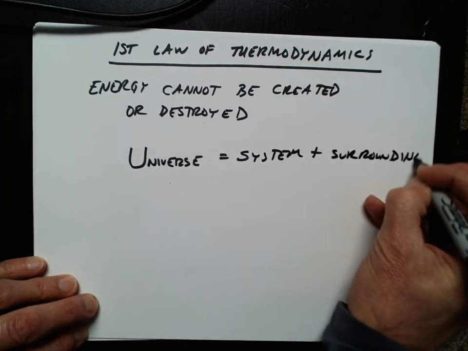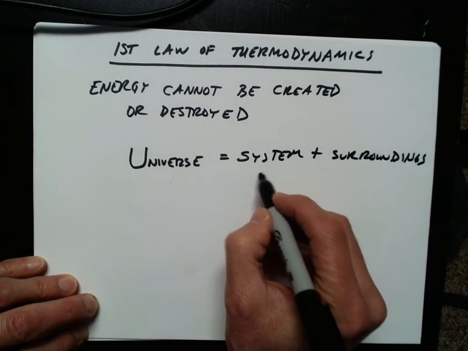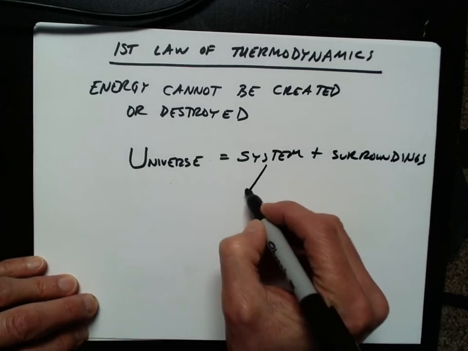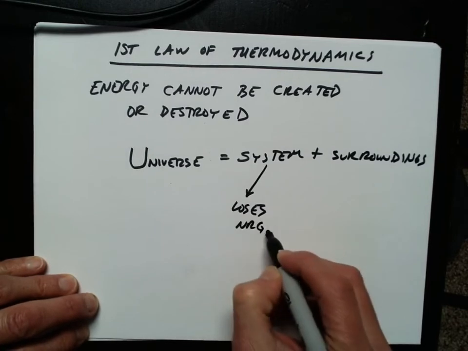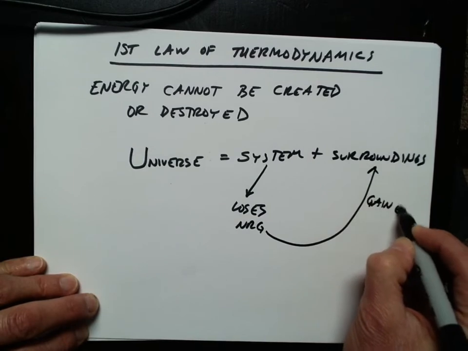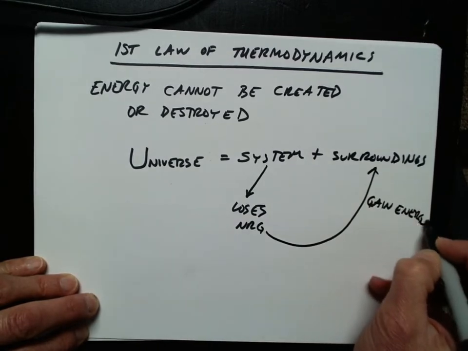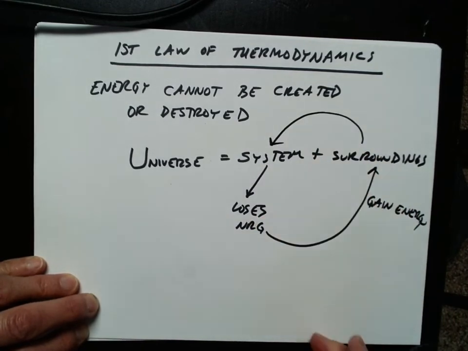So what this means is that if something is losing energy, say your system's losing energy, that energy is going to have to go somewhere. The surroundings are going to have to gain energy, and vice versa, right? If the surroundings lose energy, then the system's going to have to gain it.